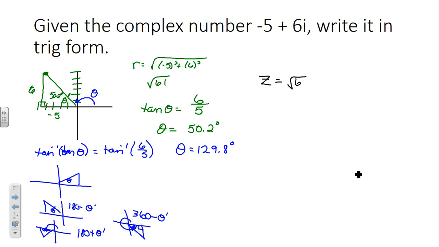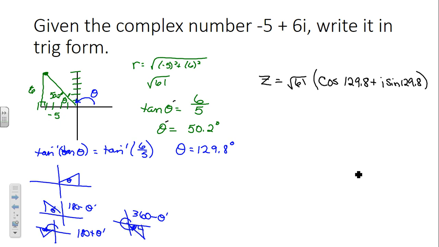Square root of 61, or r, times cosine 129.8 plus i sine 129.8. This is not our angle, right? This is our theta prime. Our real angle is this 129.8 degree angle.